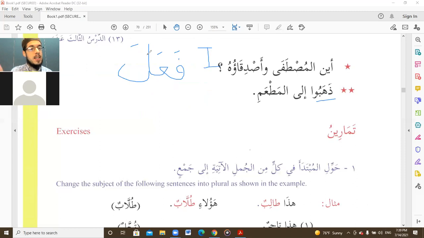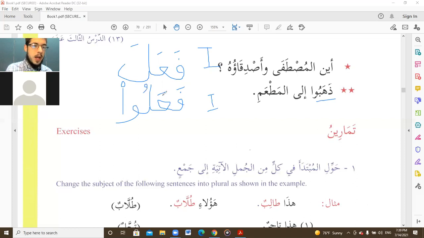Fa'ala. It means he did. Okay, using our hand signals. If we want to say, still in form 1, they did, it's going to be fa'alu. We're pronouncing the waw. We are not pronouncing the alif. And if you see there's a big oval there in your copies of the Quran, which tell you not to pronounce it.